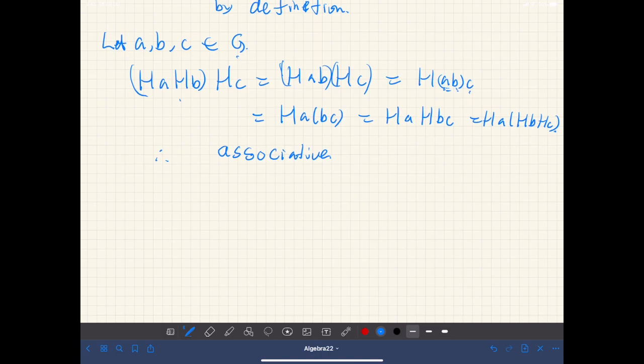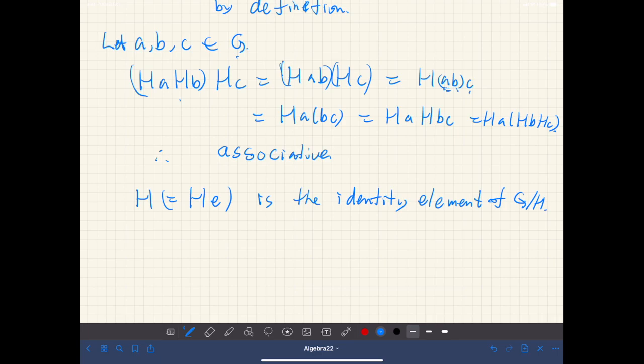Then we need to show the existence of the identity element, but we show that H, which is actually equal to HE, is the identity element of G by H. To show this, in fact, HE times HA, of course, A is any element of G, and E is the identity element of G. We have HEA, which is HA.